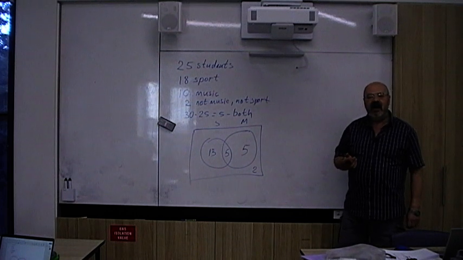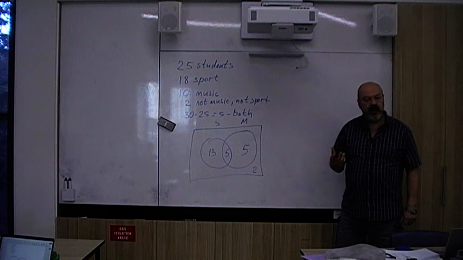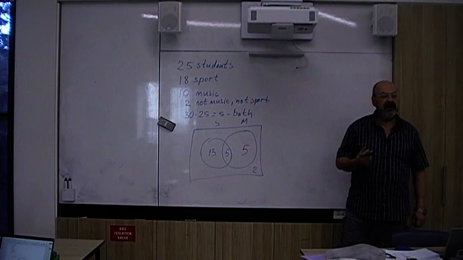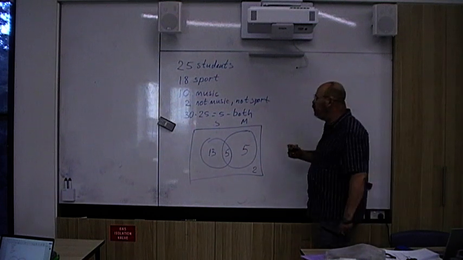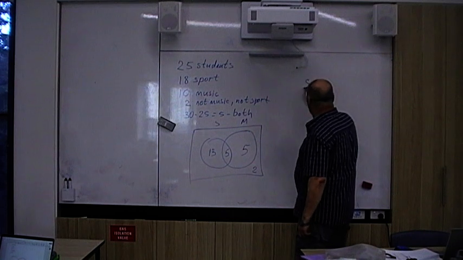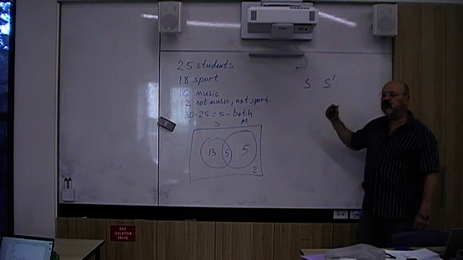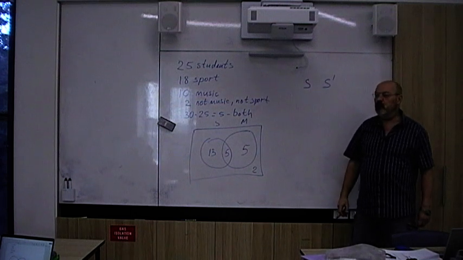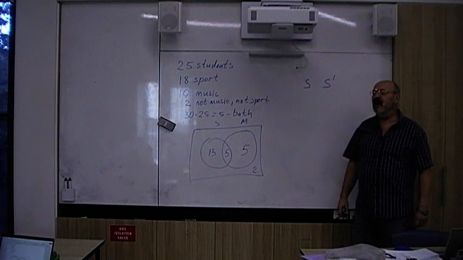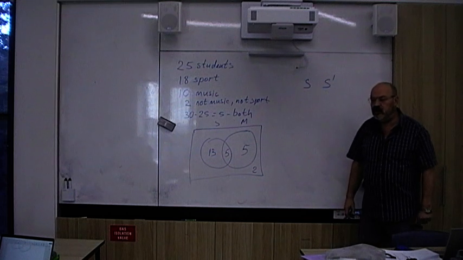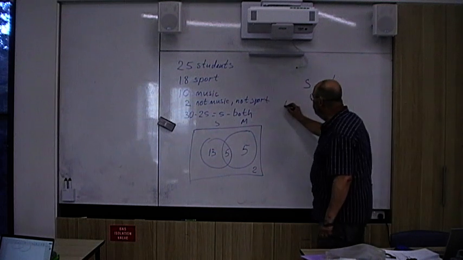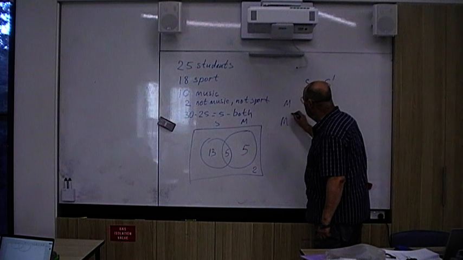Now, let's represent the same information using a probability table. In the probability table we put here sport, and when I write S dash, what does it mean? Not sport. This is a complement of S, which means not sport. And music, not music.